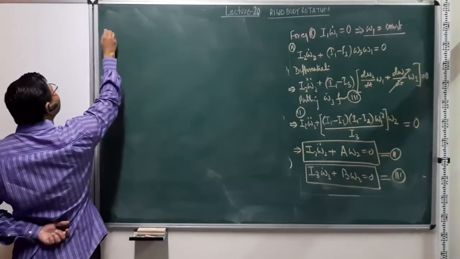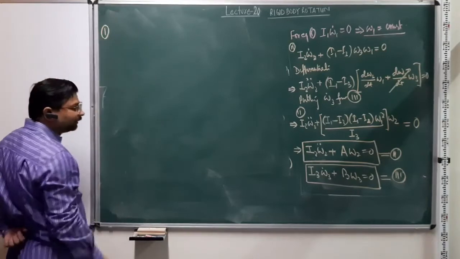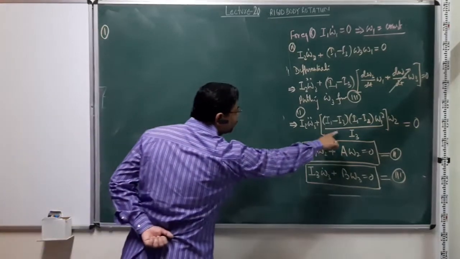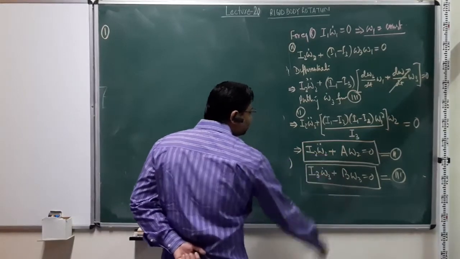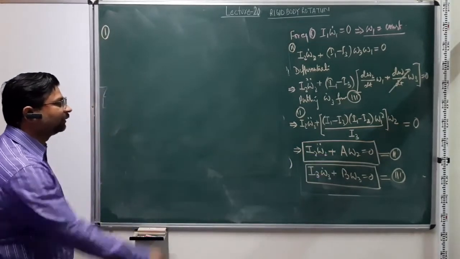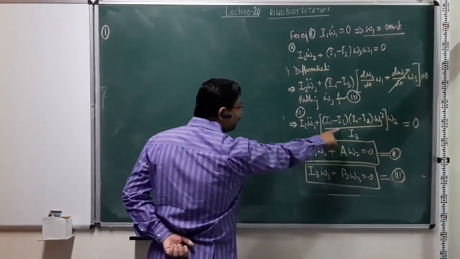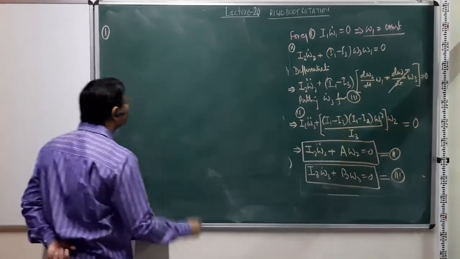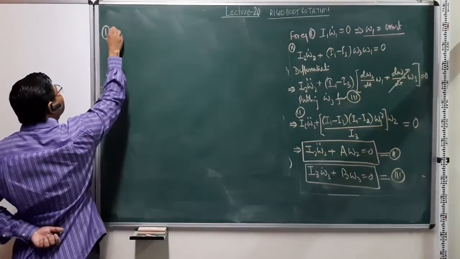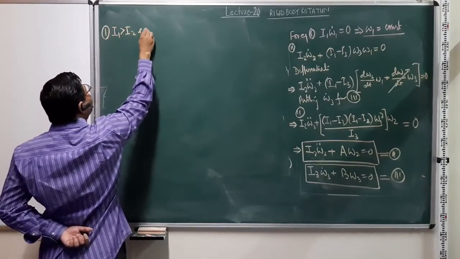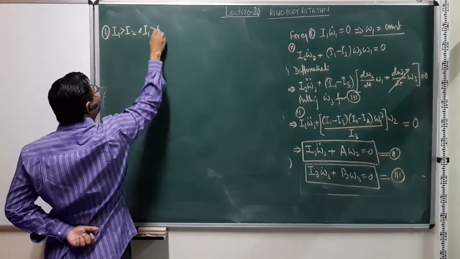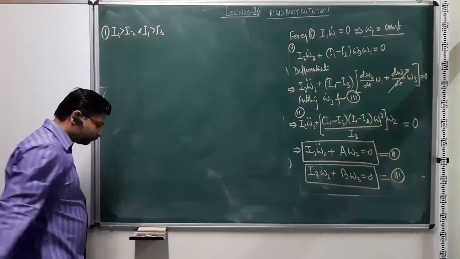So for example, there will be different cases. Let's take case 1. In this case, I'm just going to discuss this for the second equation. The same thing holds for the third equation, right? So looking at the value of A, which is nothing but this, let us say that I1 is greater than I2 and I1 is greater than I3, right?